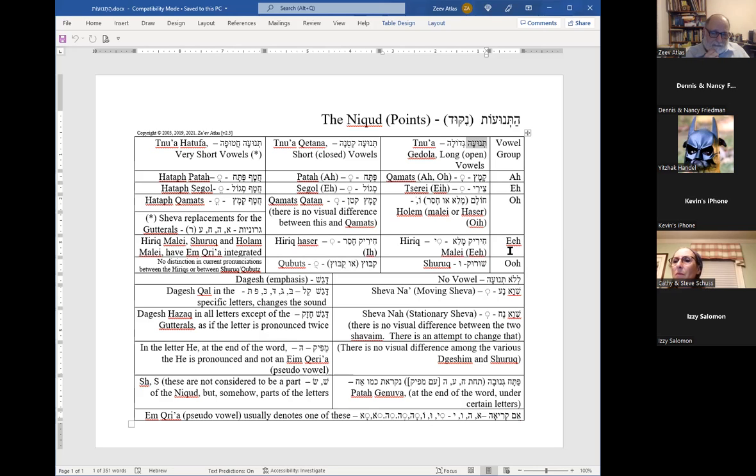Now, again, these four rules that I taught are very important if you continue to learn grammar with me. Otherwise, it's nice to know, but it's less important. Now let's go to the Shvaim, these guys.